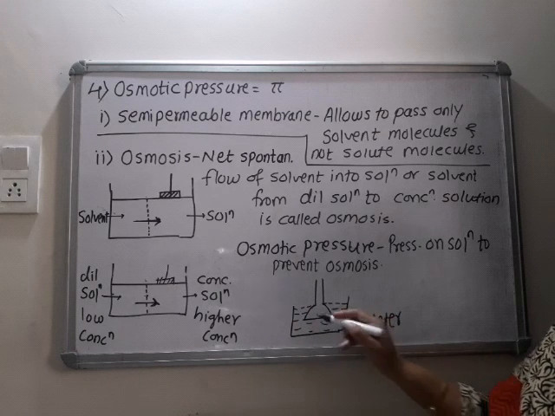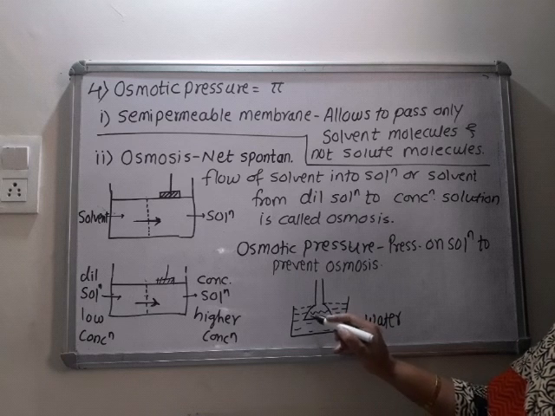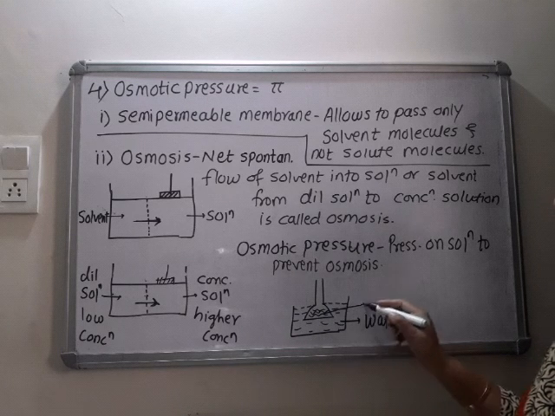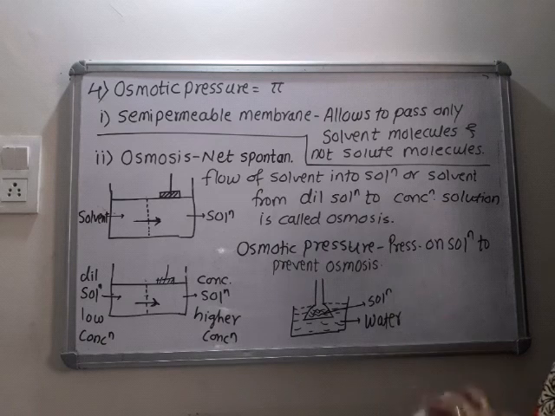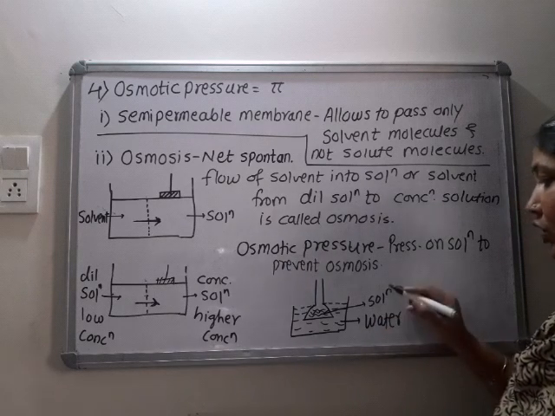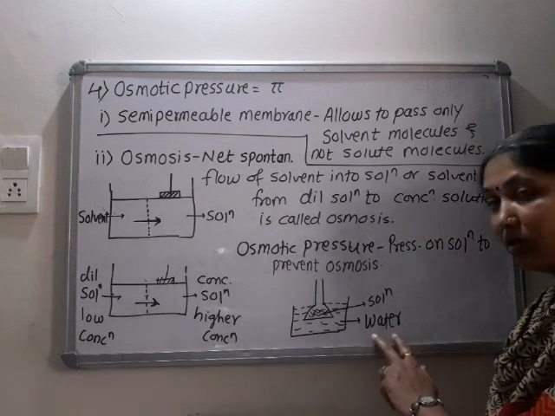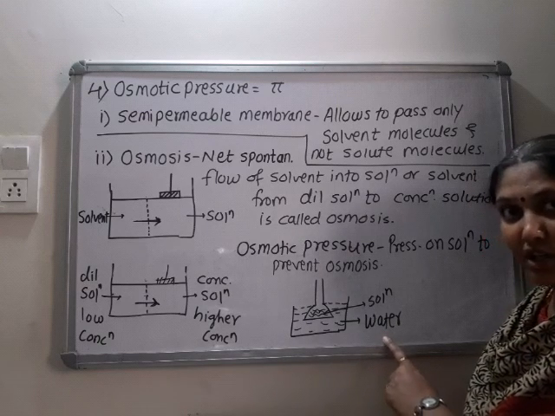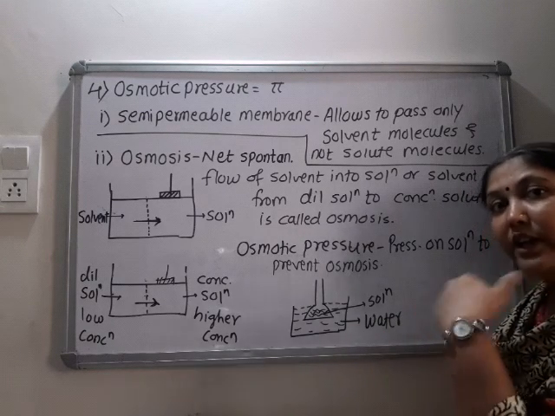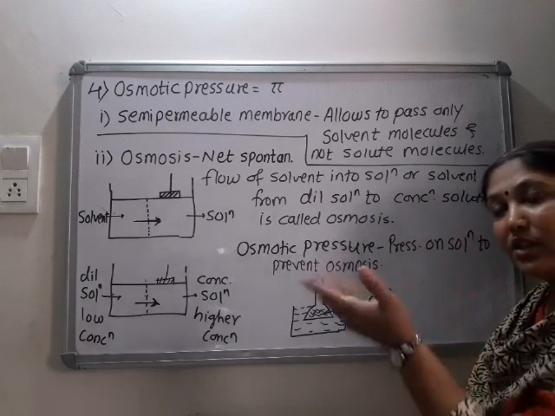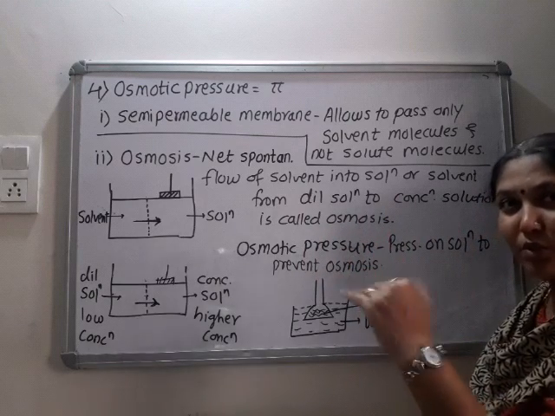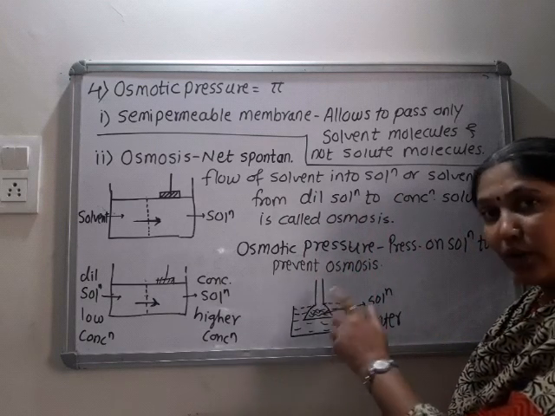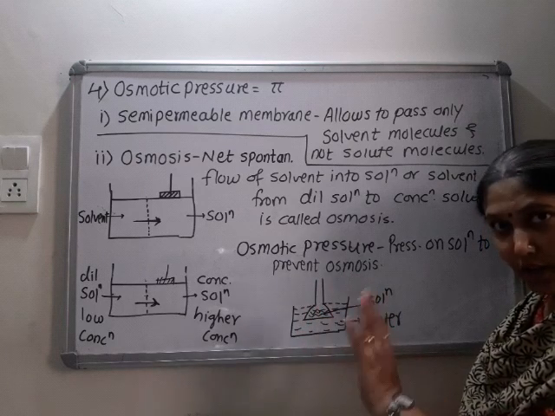Suppose this thistle funnel contains sugar solution. This is water and this is solution. Water means plain water, no solute in it, so obviously its concentration is low. Less concentrated solution enters into more concentrated solution, meaning the solvent does. So water is going to enter into this thistle tube, right?